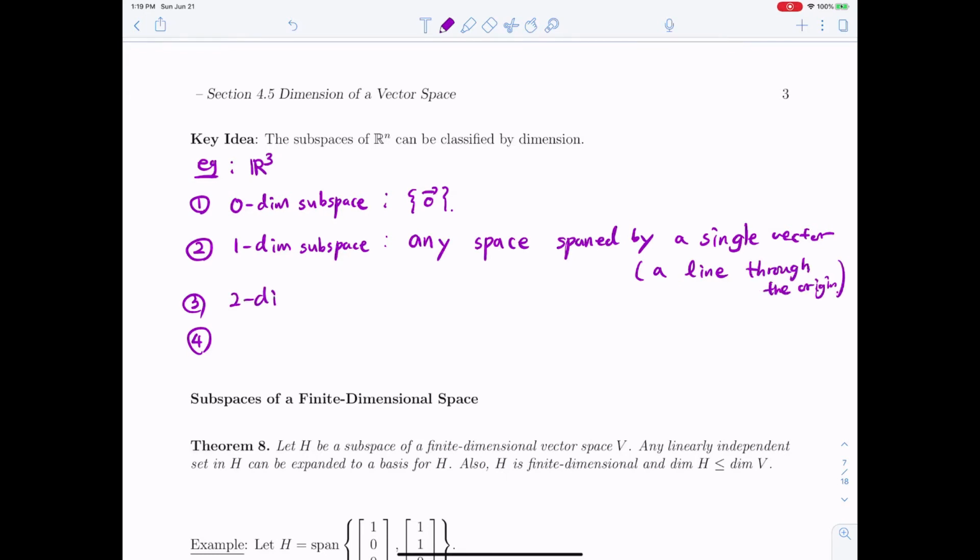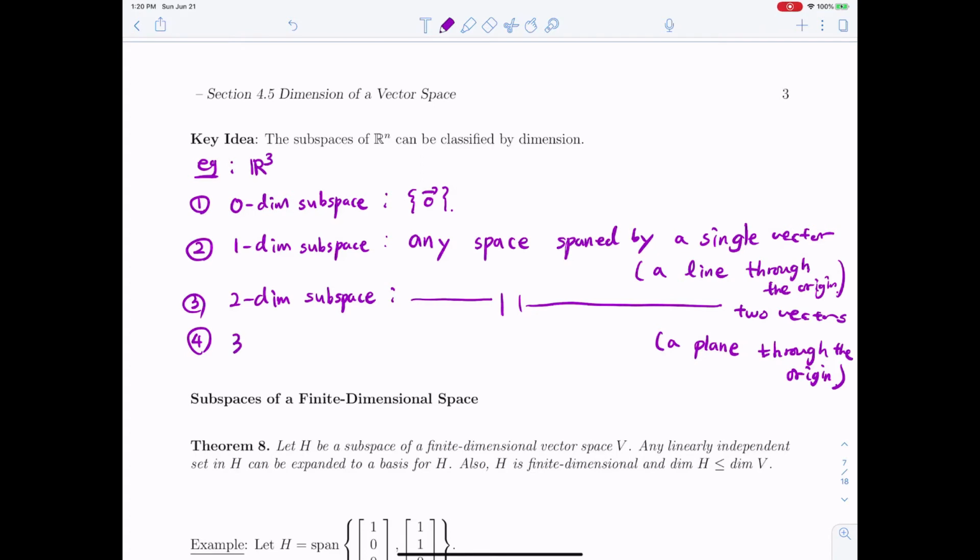And a two-dimensional subspace is any space spanned by two vectors, which gives you a plane passing through the origin as well. And lastly, there is the three-dimensional subspace, which is given by R3 itself.